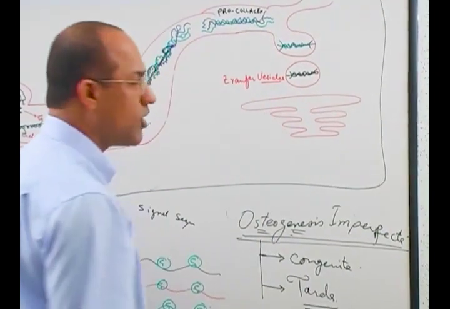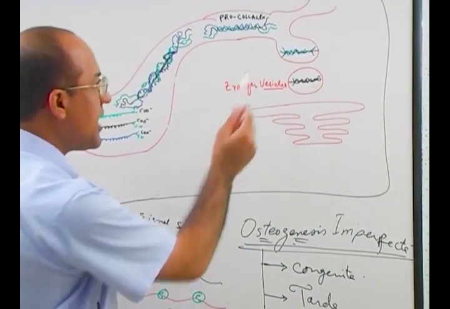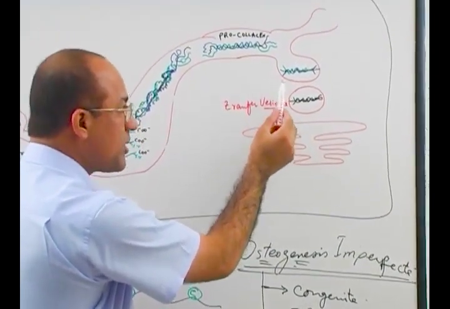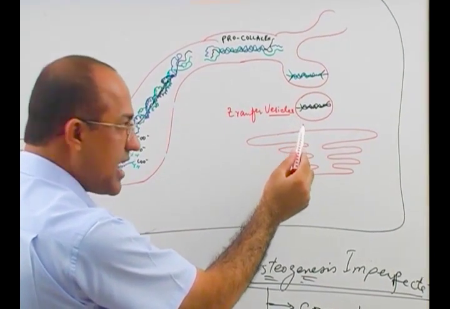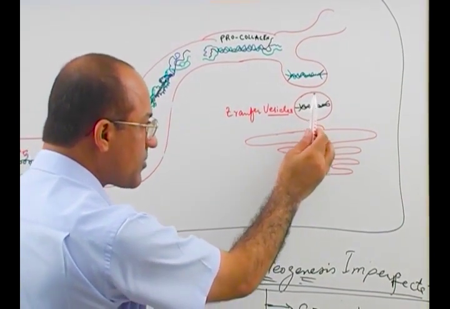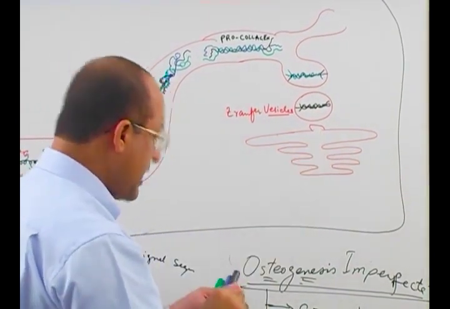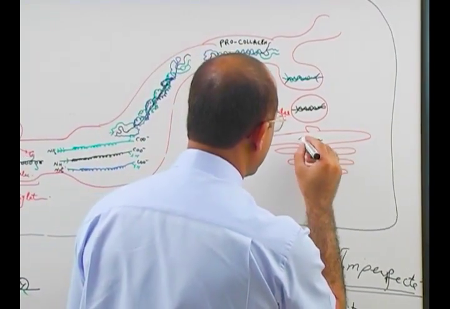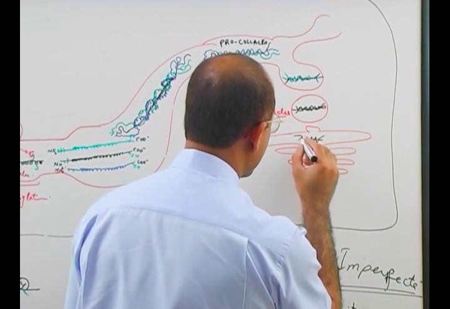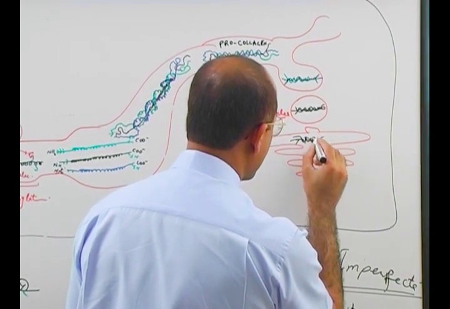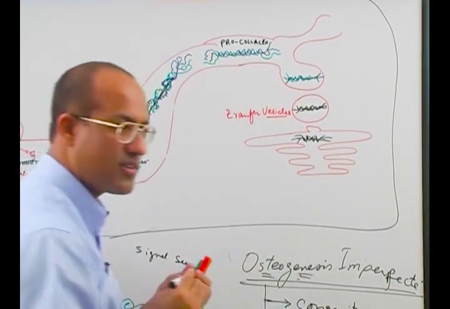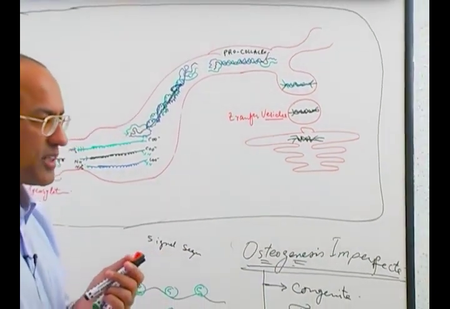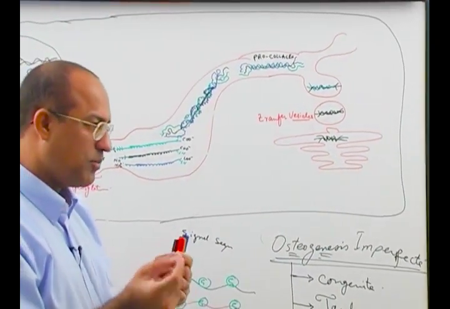This apparatus is called Golgi apparatus. So from the endoplasmic reticulum, transfer vesicles bud off and fuse with Golgi apparatus and pump these pro-collagen molecules into Golgi apparatus.